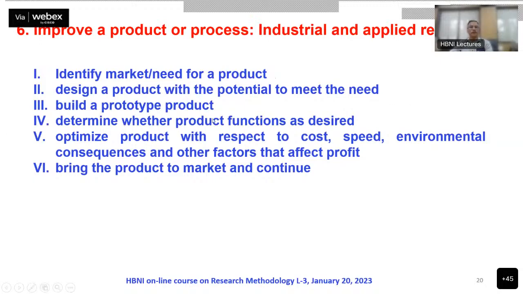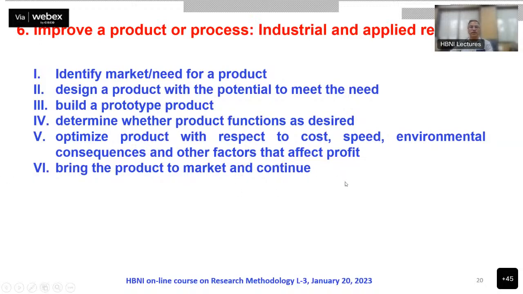Build a prototype product. Then determine whether the product functions as you desired. Then optimize the product with respect to cost, speed, environmental consequences, and other factors that affect the profit. And then bring the product to market and continue.